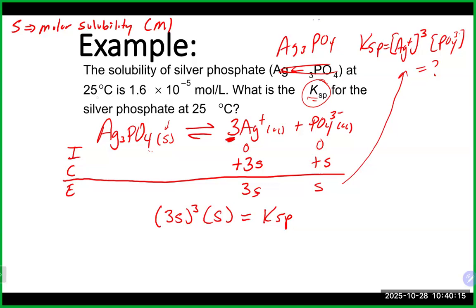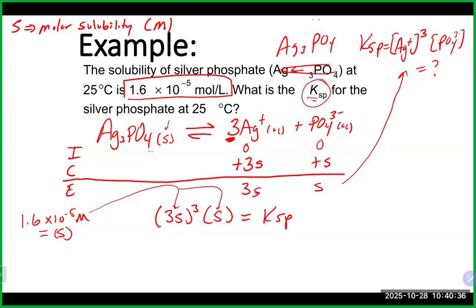So if we look at the other piece of information that was given to us, the solubility of this compound is 1.6 times 10 to the minus 5 molar. That is, by the way, the molar solubility in this case, because it's the molarity. That means we just need to pop in our S value.